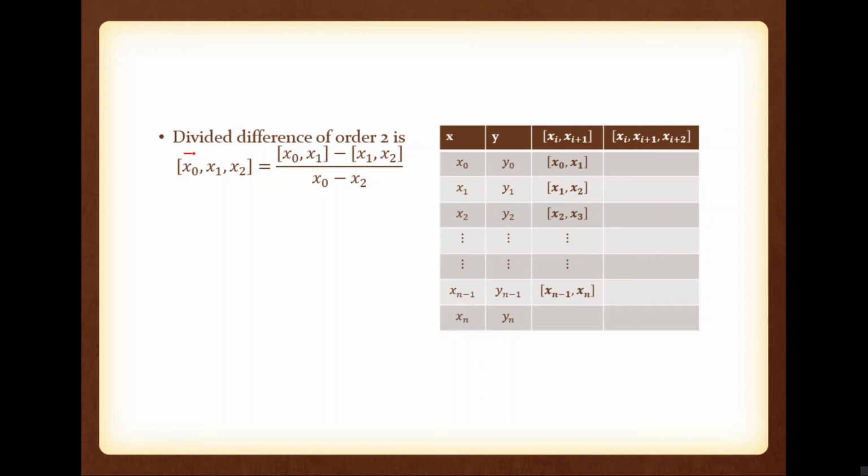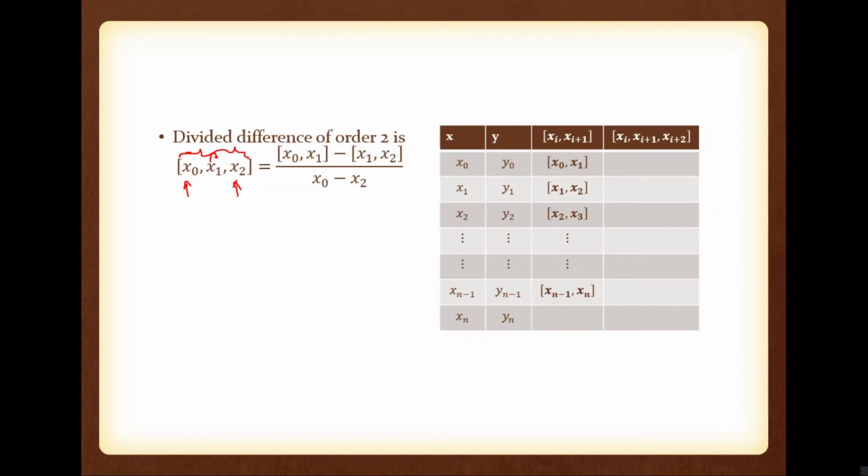First 2 minus last 2 divided by first element minus last element. Please note, inside this square bracket we have 3 elements. So if we have 3 elements, then it is first 2 minus last 2 divided by first element minus last element.